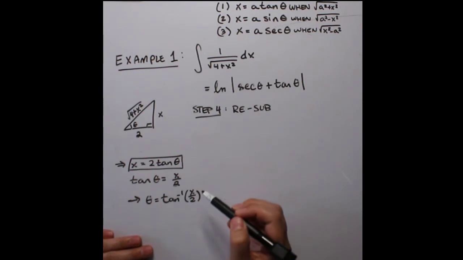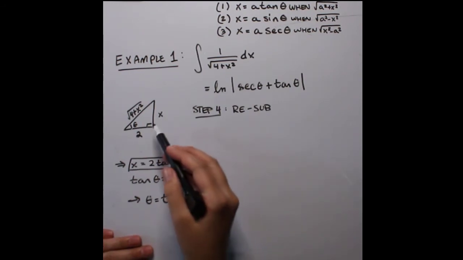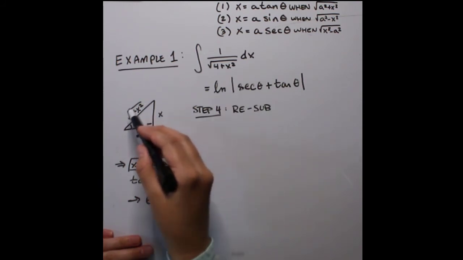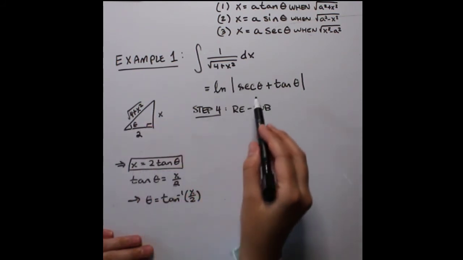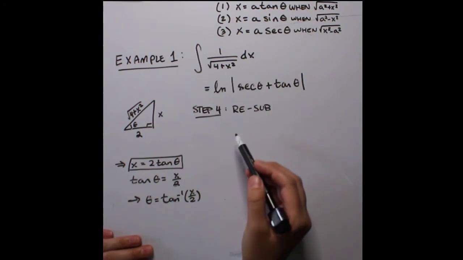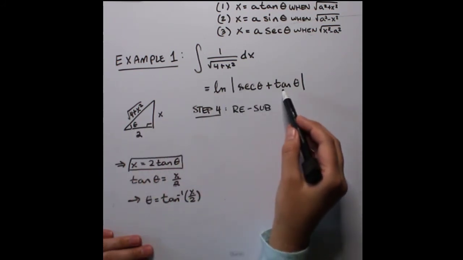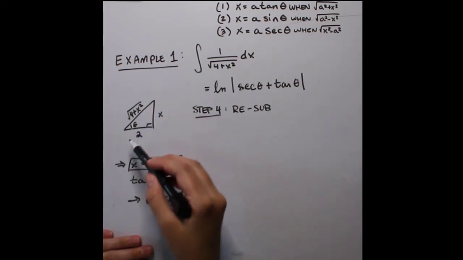I'm going to just go straight back to this triangle that we drew. So here's what I would use in this problem. From my right triangle, where I came up with this relationship, I can figure out secant theta and tangent of theta. Theta is this angle, and secant and tangent are just ratios of sides of this triangle.